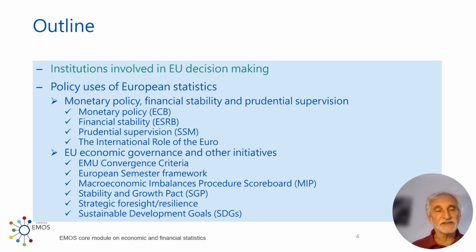I will talk then about economic policy coordination in Europe in the context of the European Semester framework, then go directly into the macroeconomic imbalances procedure and its scoreboard, which is again a scoreboard full of data, which gives us an indication of how the different countries in the European Union are doing economically.